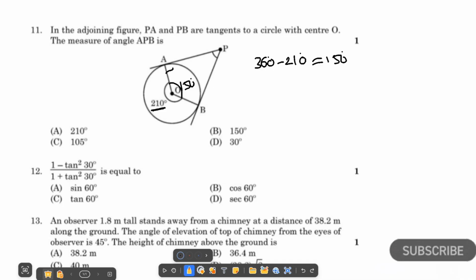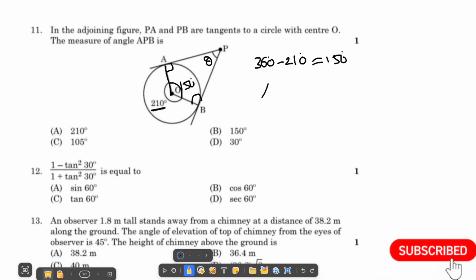So angle at A is 90 degrees. Angle at B is 90 degrees because the angle between the tangent and radius is 90 degrees. So let us think the angle at P is theta. So we know that in a quadrilateral APBO, this one, APBO quadrilateral, the sum of all the angles is equal to 360 degrees.